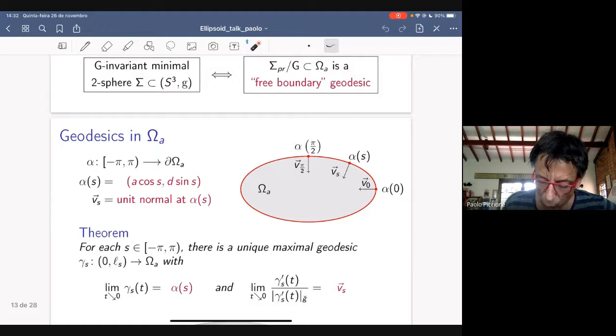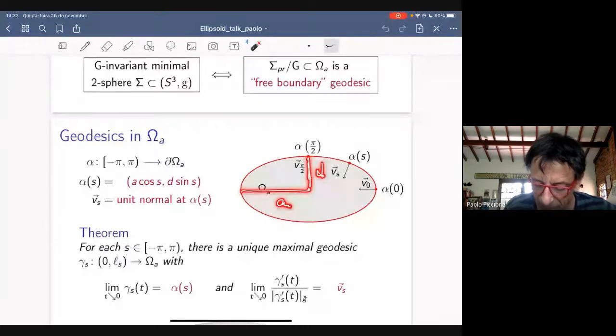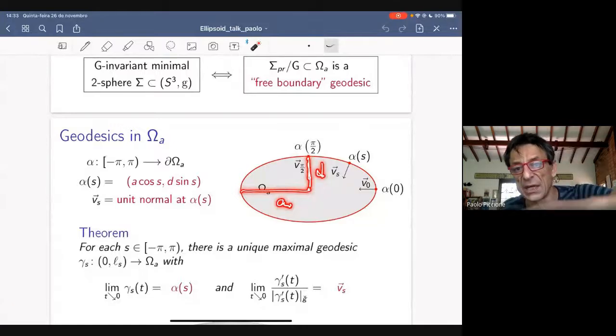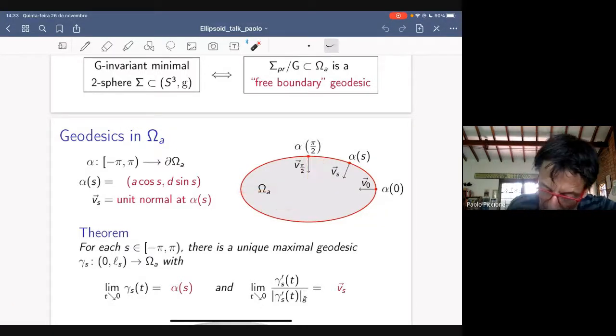And we can parameterize this half ellipse here. Well, actually, the entire ellipse with this map, alpha of s is a times the cosine of s, d times the sine of s. These are the two semi-axes. This is d and this is a. There's no b here. This has been projected down, okay? And so this is the point alpha of 0, alpha of pi over 2, okay?